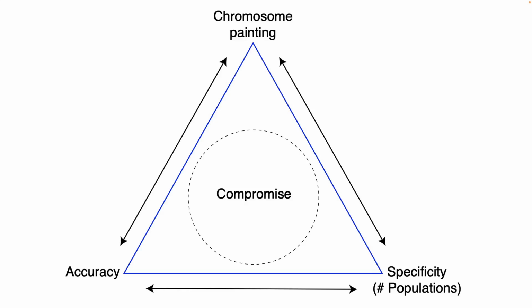Predicting the ancestry of each small DNA segment is called local ancestry inference, local to the segment of DNA. It requires that small DNA segments are actually distinct enough to identify which population they came from. If they're not very distinct, then the chromosome painting will lower the accuracy and also lower the specificity. So there's a 3-way trade-off here. Our goal was to find that sweet spot in the middle, the compromise.